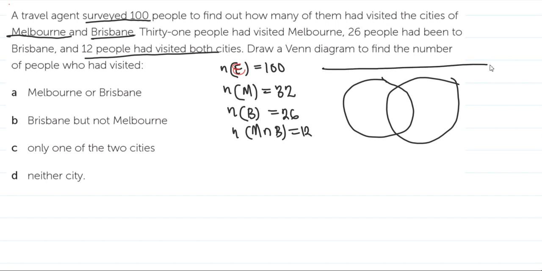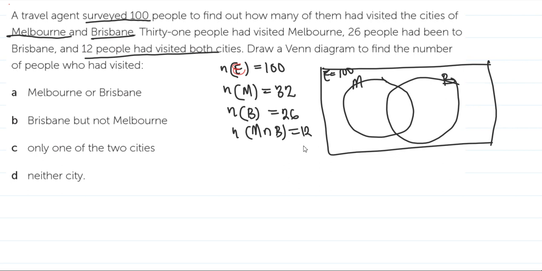Let's do that properly. Our universal set E is equal to 100, so we have that already. Then we have Melbourne, and in this place we have Brisbane.